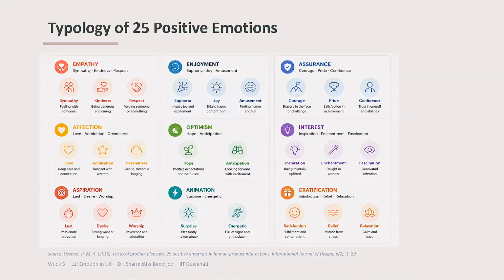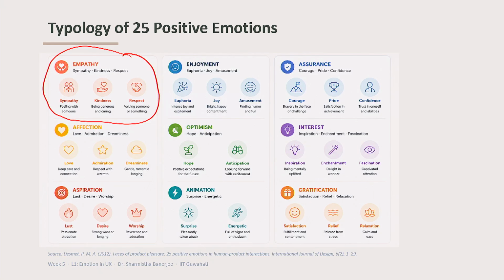The emotional granularity cards are designed around 25 positive emotions. They are grouped into categories. The first category is the empathy category, and it has three different emotions: sympathy, kindness and respect. Sympathy is what you feel with somebody when you feel bad for their loss. Kindness is when you feel generous and caring toward somebody. Respect is when you value someone or something.